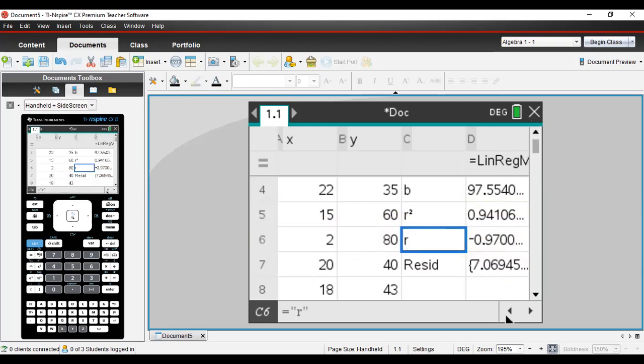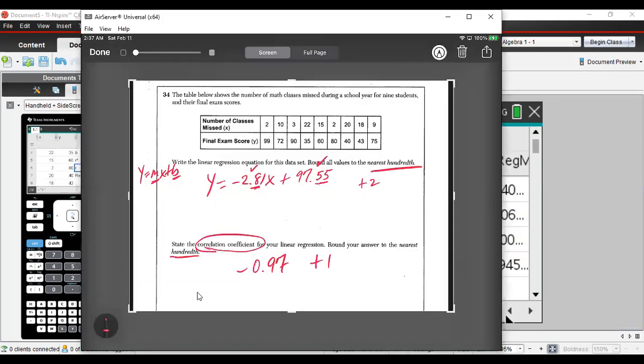So I'm going to try to explain that. There's another question down here that I couldn't copy on this page, but it says, what does the correlation coefficient mean? And here's what it's trying to say. You see that this has a negative. That means that these two variables, the x and the y, go in opposite directions.